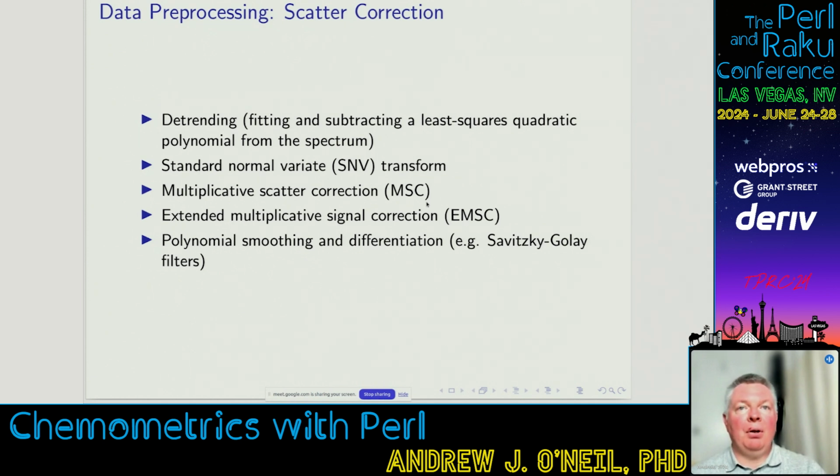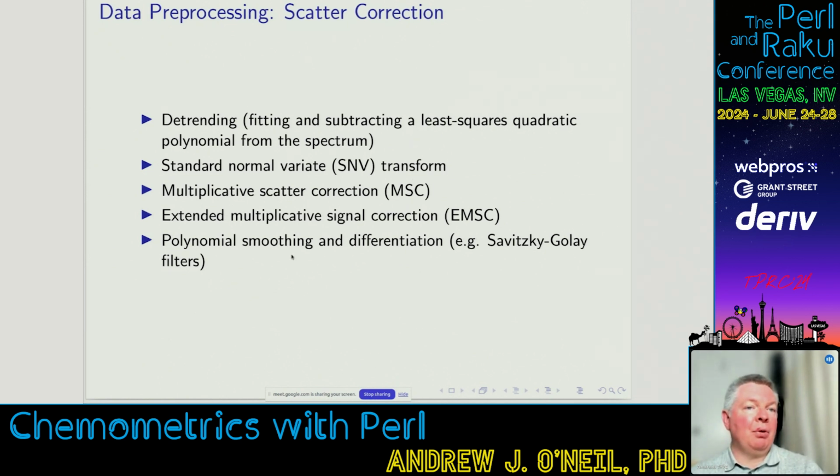So that removes a curve, or the standard normal variate transform, which is similar to multiplicative scatter correction, and then the more recent extended multiplicative scatter correction. There's also the Savitsky-Golay family of smoothing and differentiation filters. So a zero order smooth, which will just take out some of the noise.